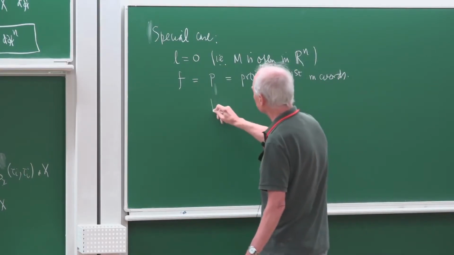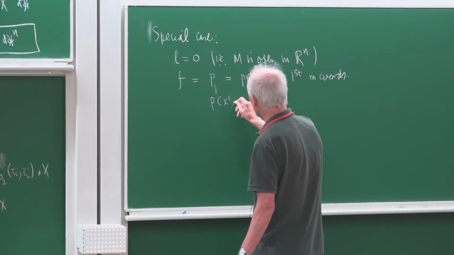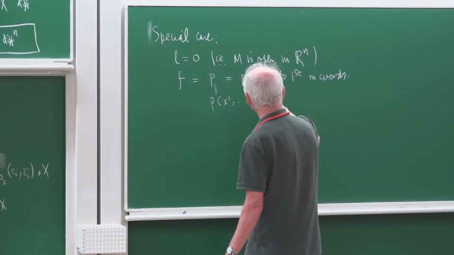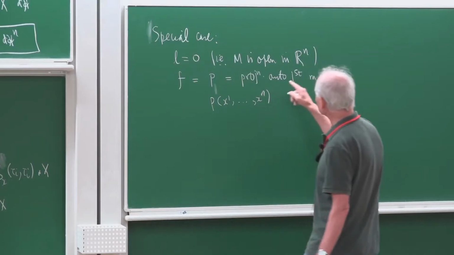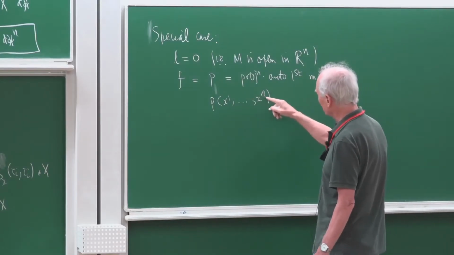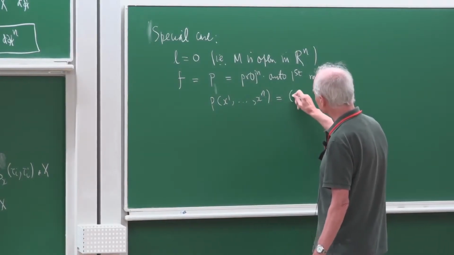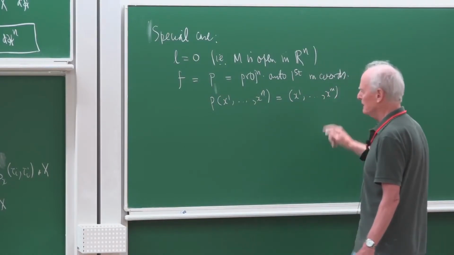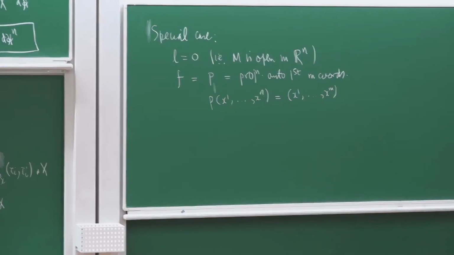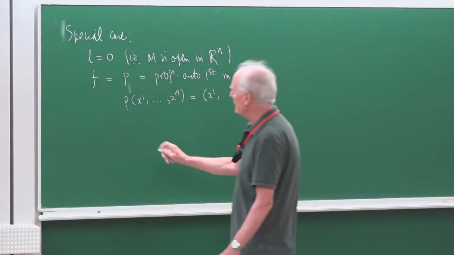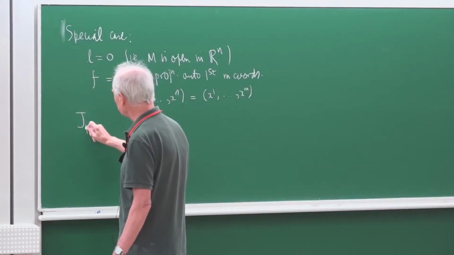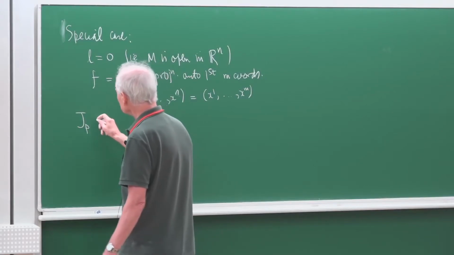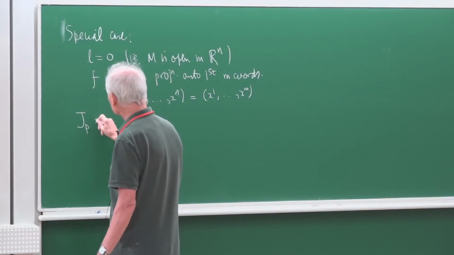So in other words, P of (x1 up to xn), remember n's bigger than m, so there's more than m coordinates here, just gives you the first m of those coordinates. So that's a very special case of this thing. And let's compute Jf in this case. So J_P at x. What is that?